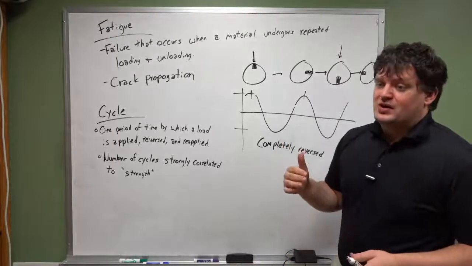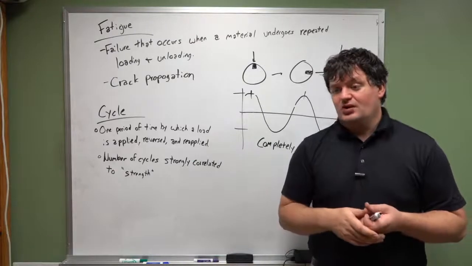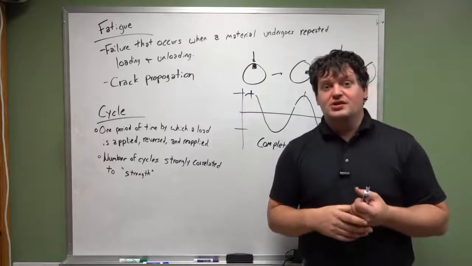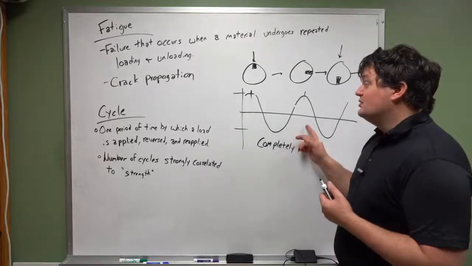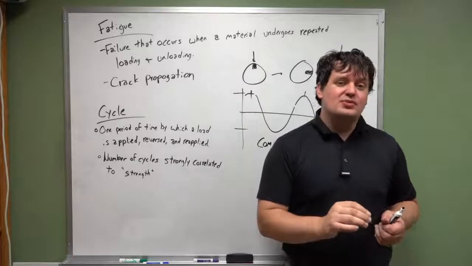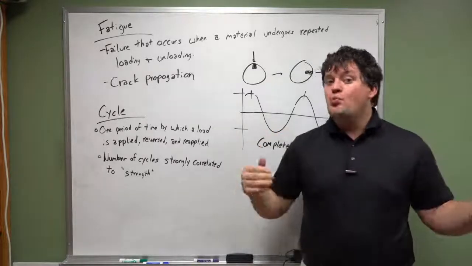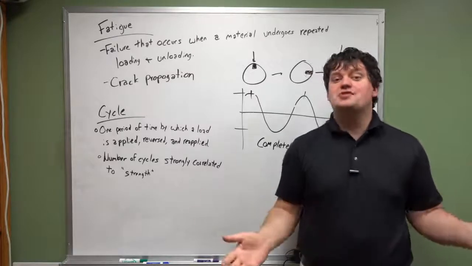If you have 200,000 miles on your vehicle, it means your axle, in order to not fail, has to be able to withstand 200 million cycles.